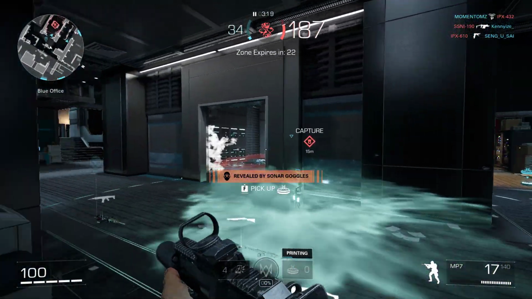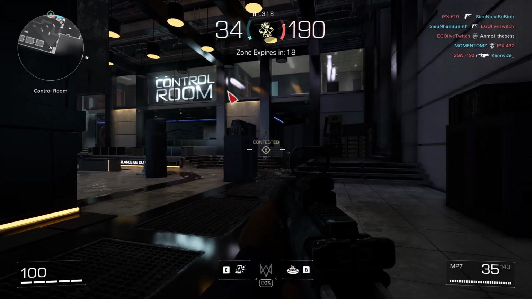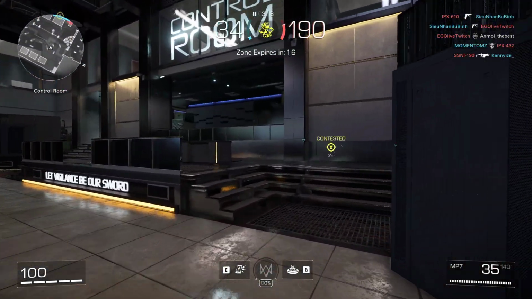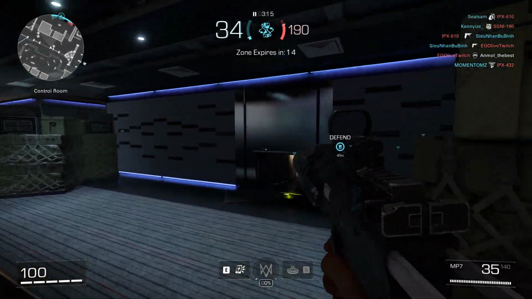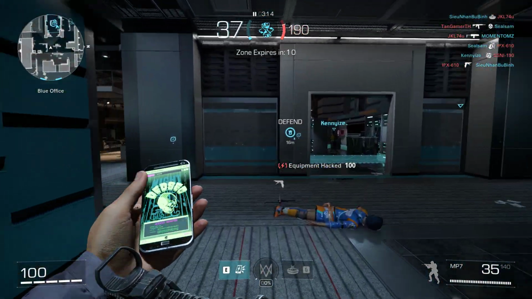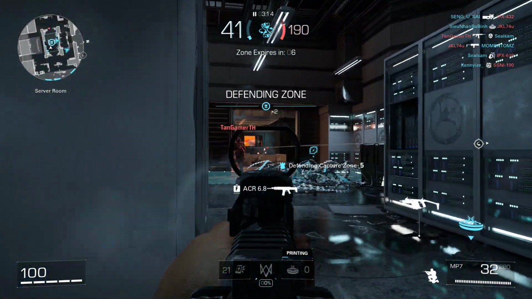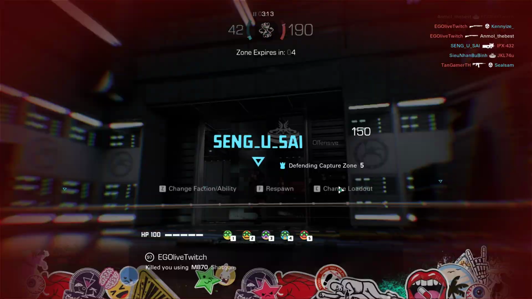Hostile echelon can see through walls now. Consider running rather than hiding. Capturing zone. Capture zone is changing location. Zone in peril.